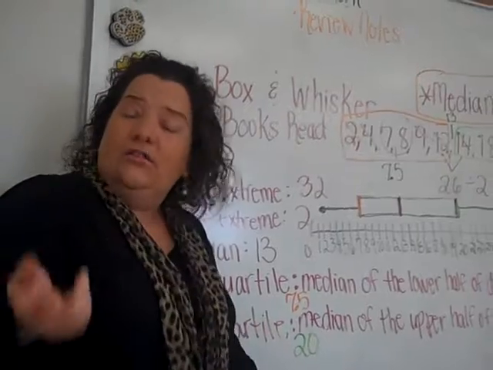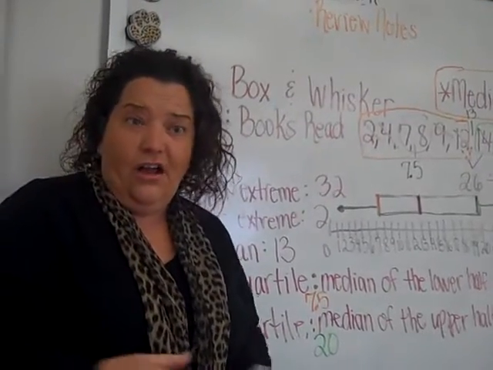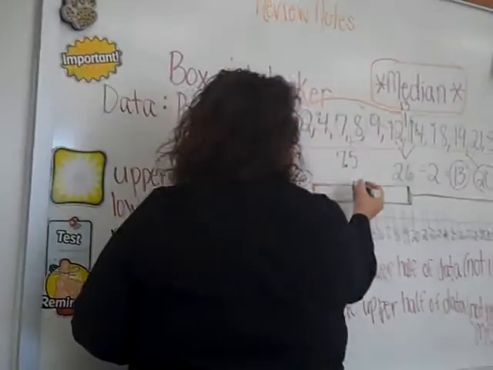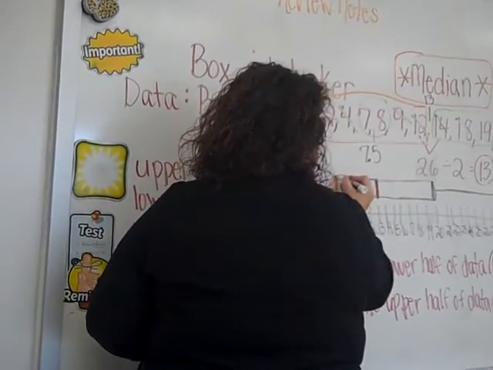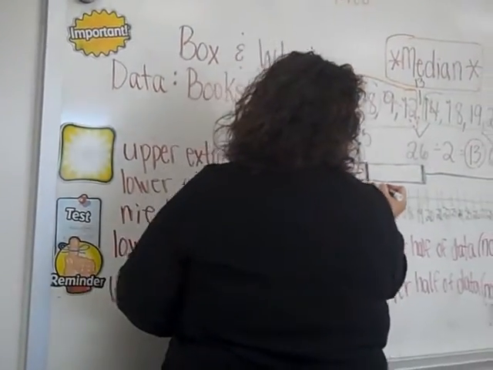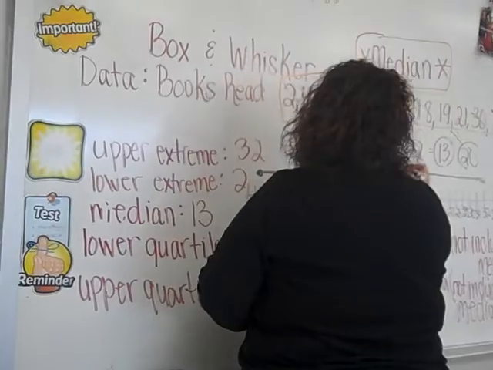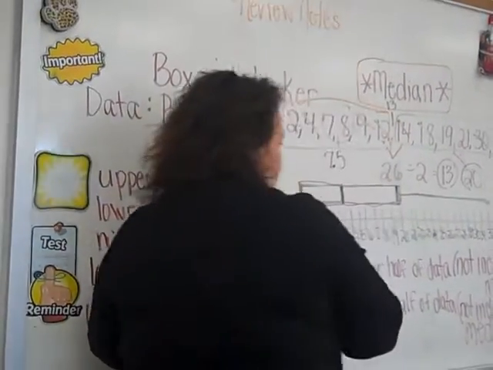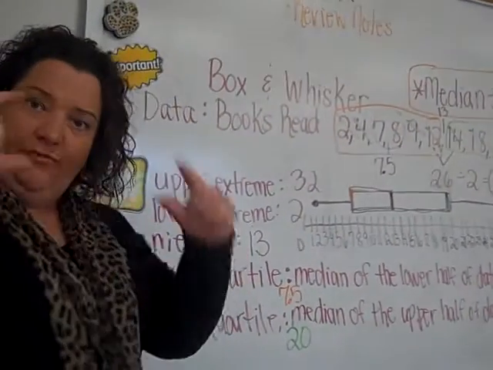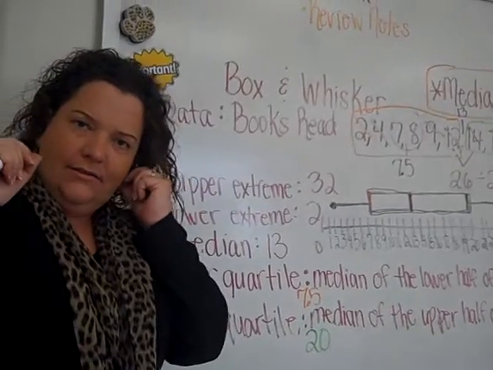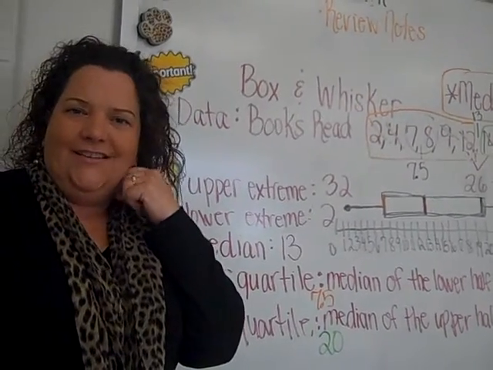Because this is called a box and whisker, all you have to do is draw a box around each of your medians. So it forms that box, hence box and whisker.